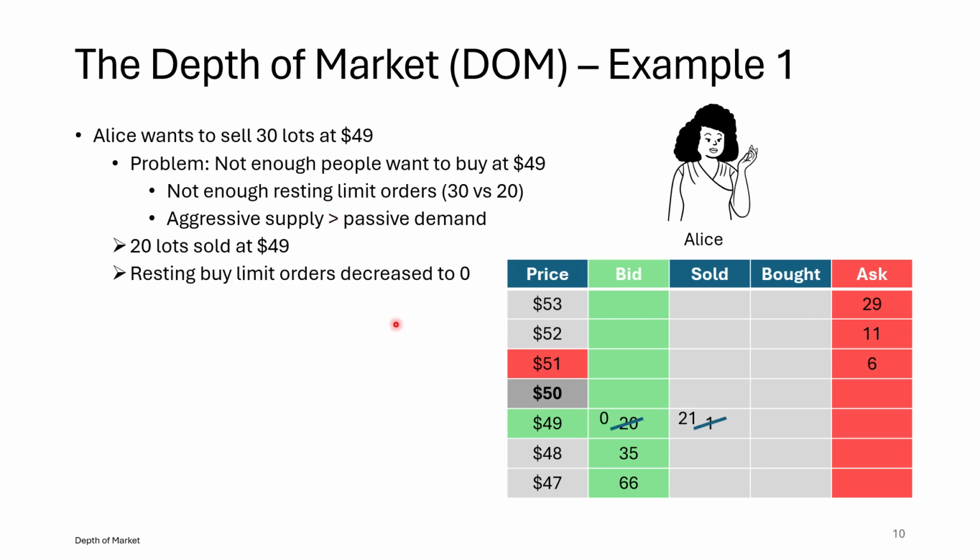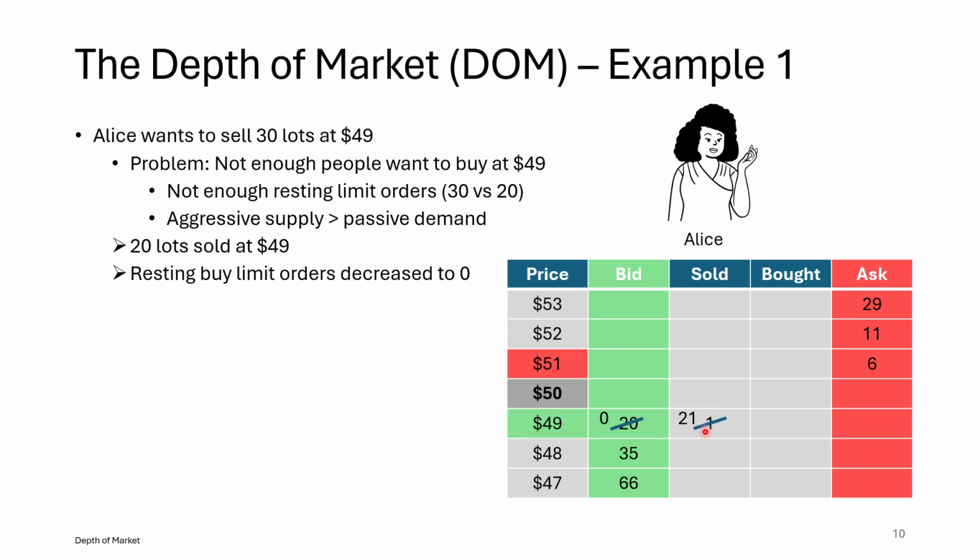So consequently, she can sell a part of her position at that price level. So to be more precise, she can sell 20 lots here because there were 20 resting buy limit orders at that price, and all of them are filled now. So you see the resting buy limit orders are decreased to 0. There are no more orders waiting to be filled at that price level.